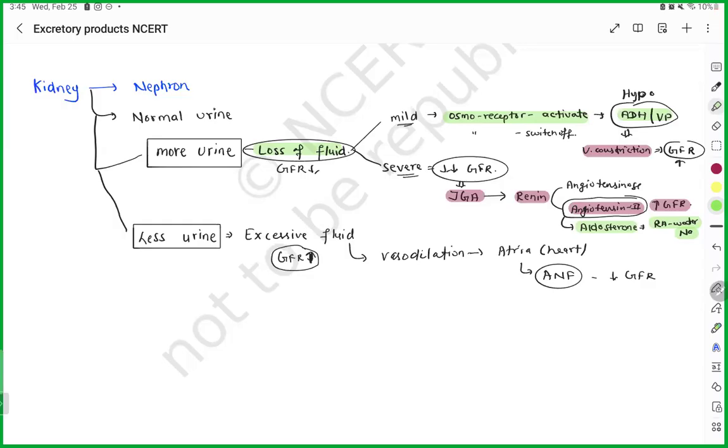But if the same thing is happening in a severe condition and body lost a lot of water, to act instantly and efficiently, three hormones will act: renin, angiotensin 2, and aldosterone. The role of all three mechanisms is to protect the body, so body does not lose any more water in the form of urine.